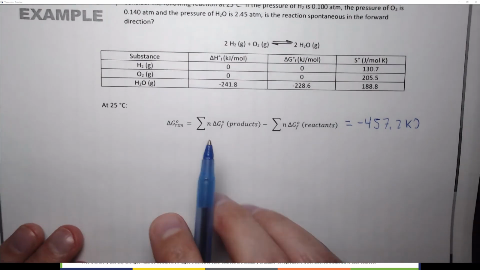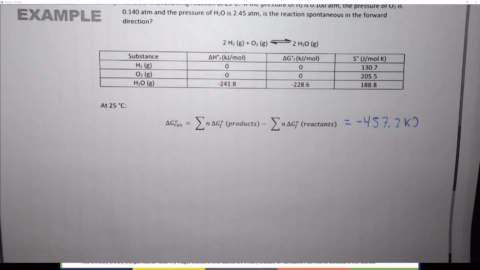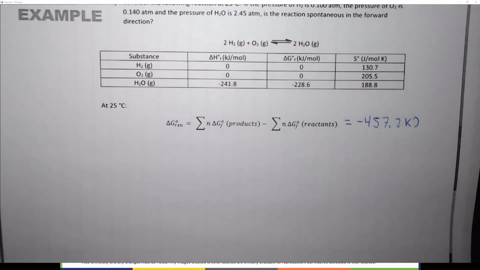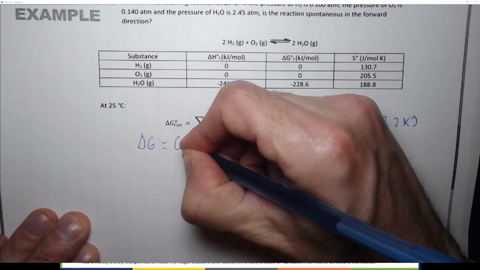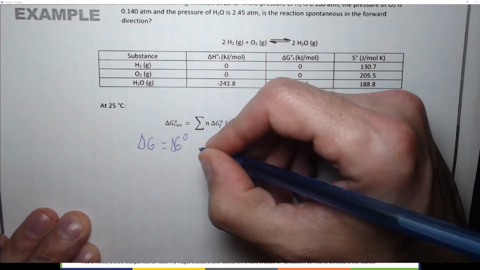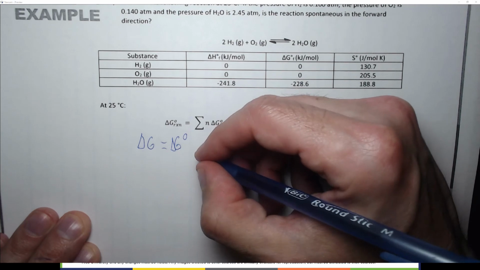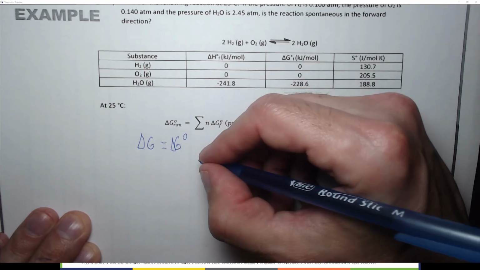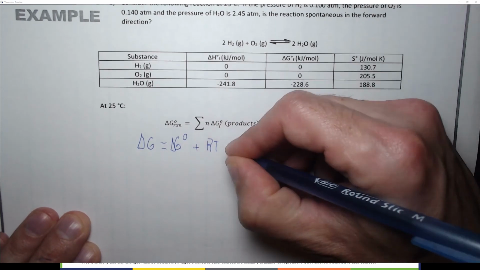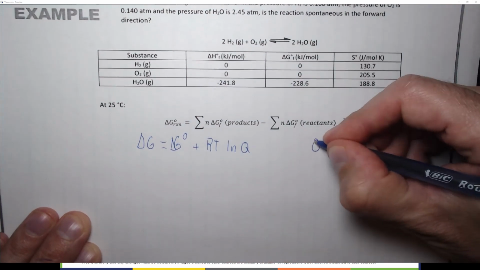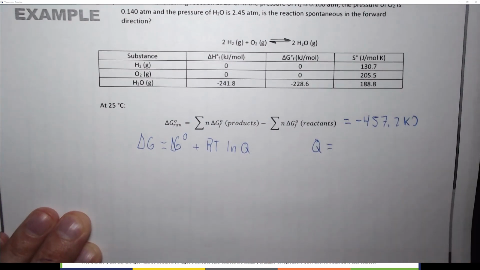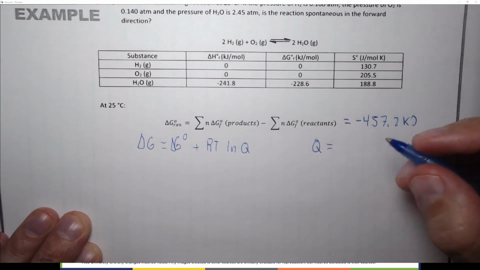This is in the standard state. But in this case, we want the current conditions. So the delta G in the current conditions equals the delta G in the standard state, right? Plus RT ln Q.